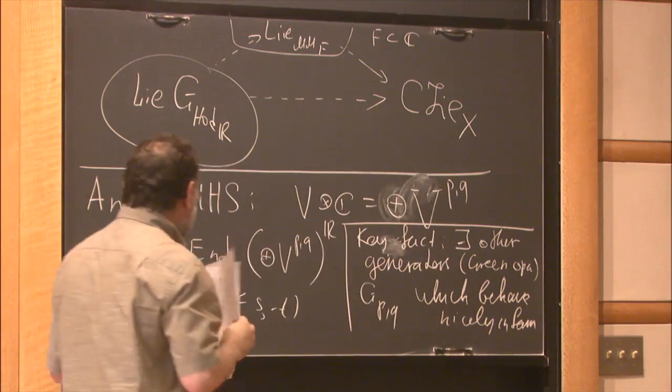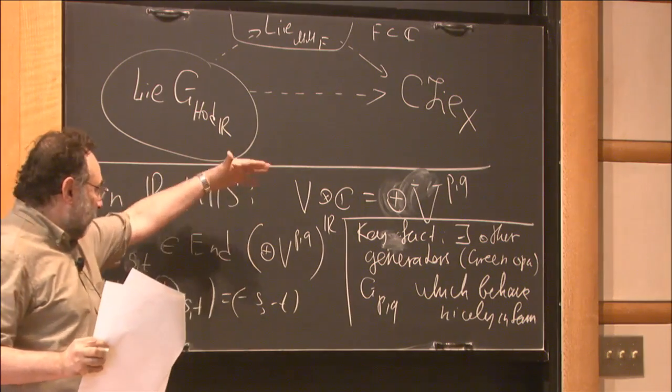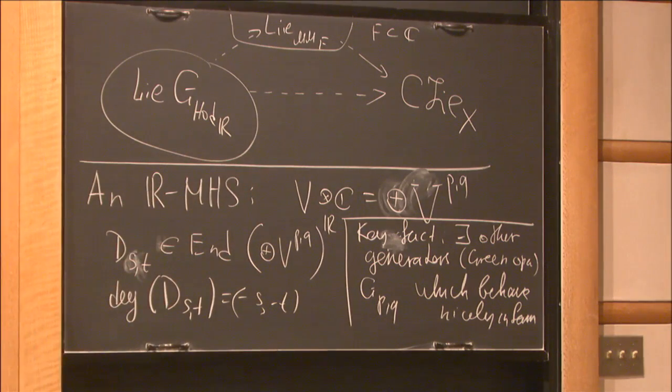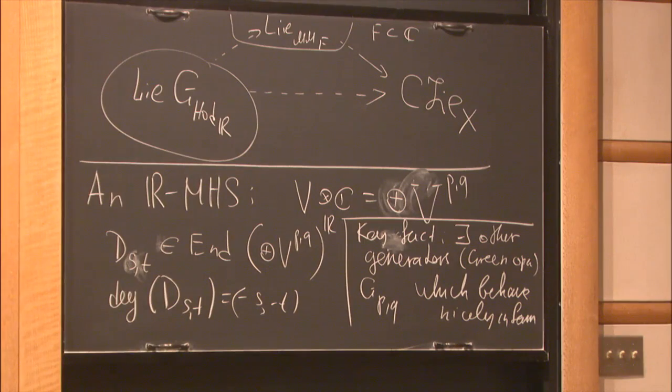Now, what does it mean to behave nicely in families? What exactly are we talking about here? If you have just a mixed Hodge structure, you can use these operators to construct a period of this Hodge structure. Just take matrix coefficients of these operators, choose some basis, so you get some functions. And the question is what kind of conditions the fact that you have a variation of Hodge structures imposes on these functions. These other operators are more natural and in fact canonical because they satisfy very simple Maurer-Cartan type equations, a nonlinear but quadratic set of equations.